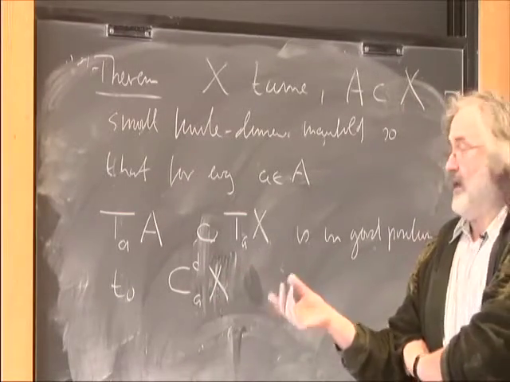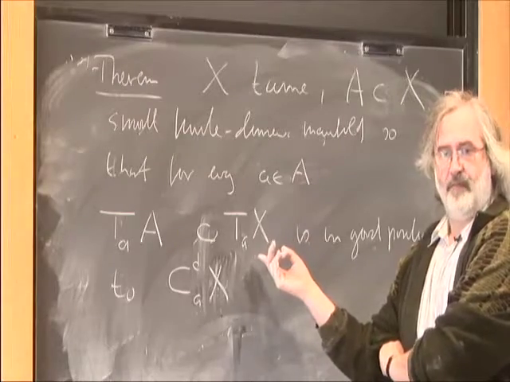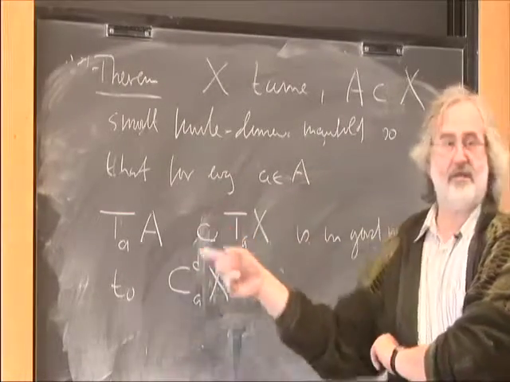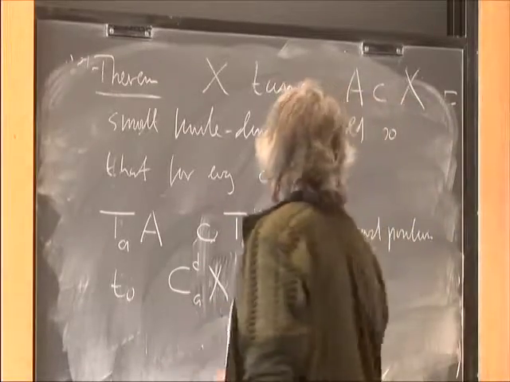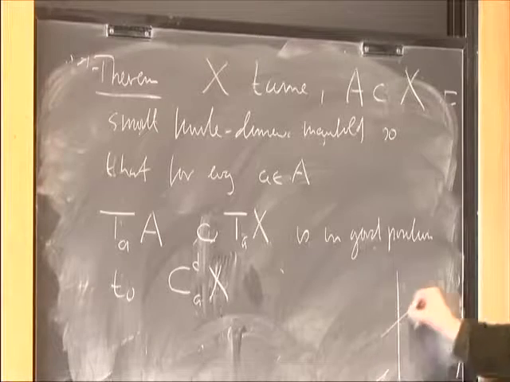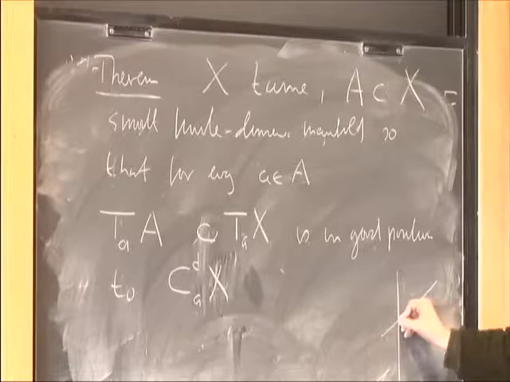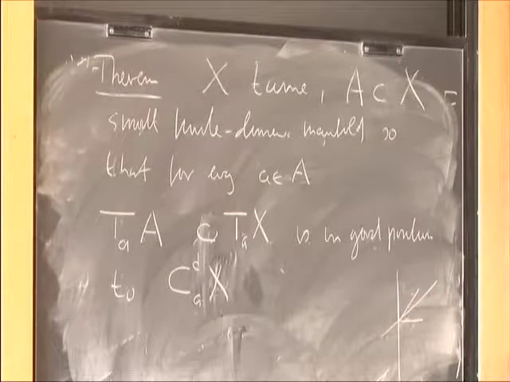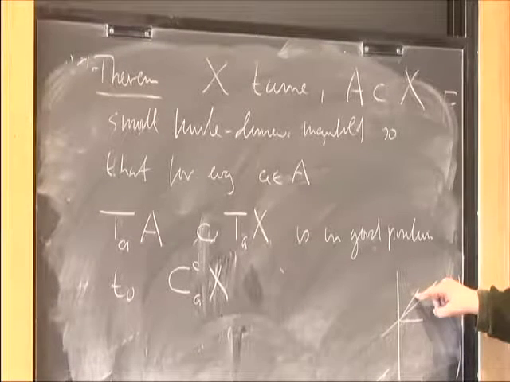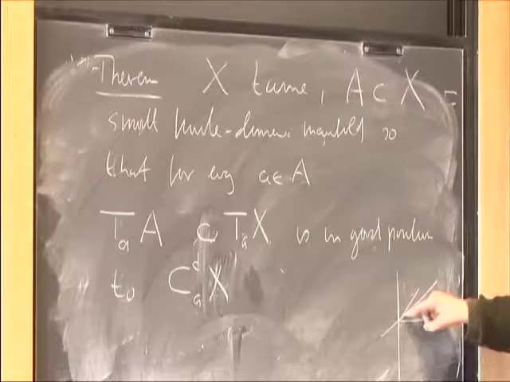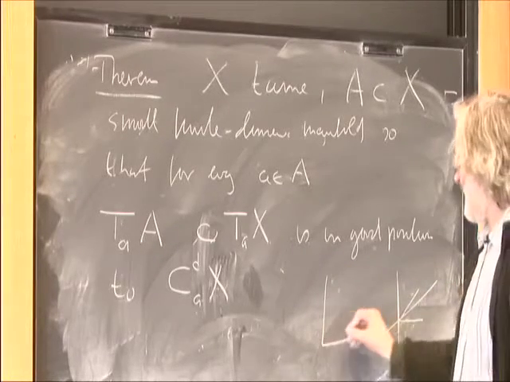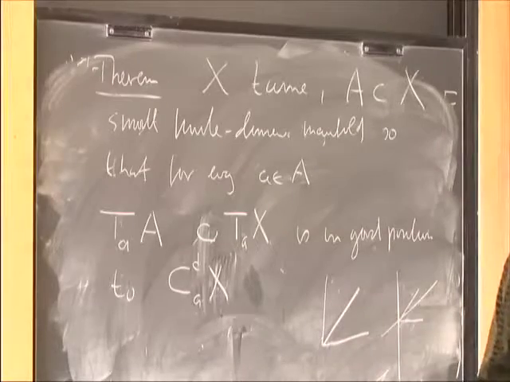If a is a boundary point, then this is a half space. And good position means that if you have a half space, obviously lying like this is not a good position; you should rather lie like this. You have this cone, and the point n plus p lies in the cone if and only if the projection to this is in the cone.